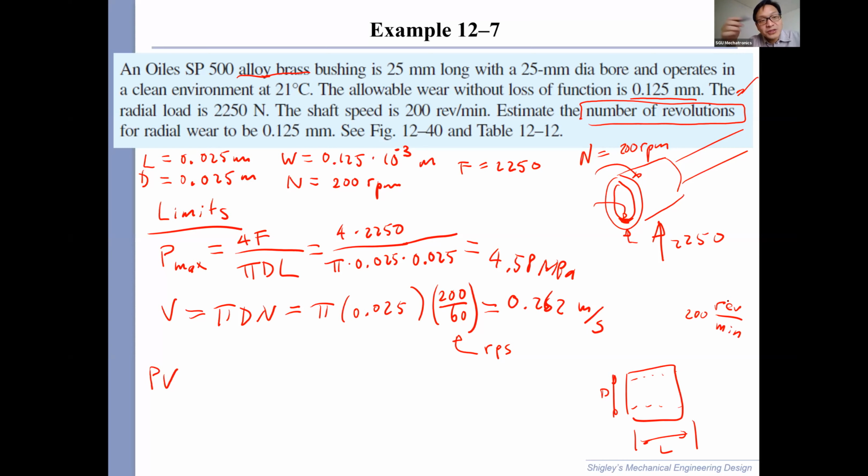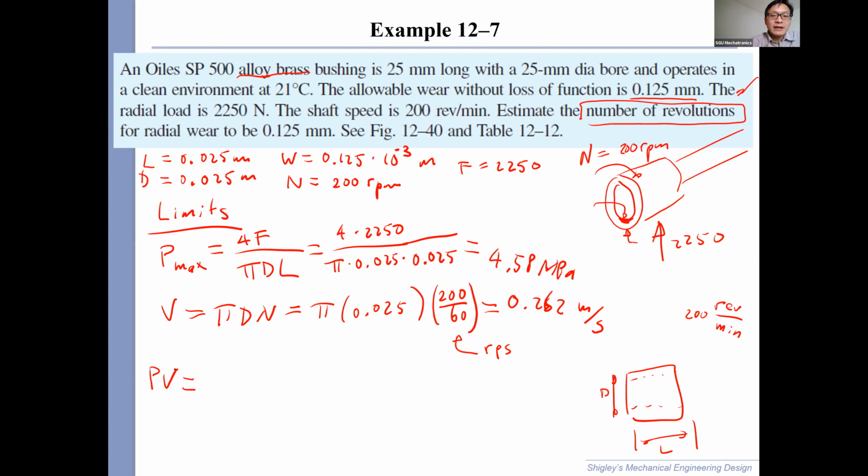So how many does it rotate per second? You divide by 60, right? So if I go around the block 1,000 times in one day, I run for 24 hours, for example, I divide by 24 if I want per hour, right? So 200 revolution per minute, you want it in seconds, you divide by 60.